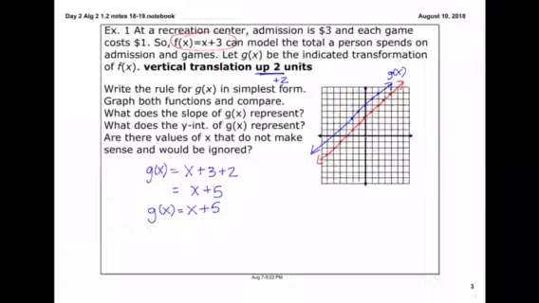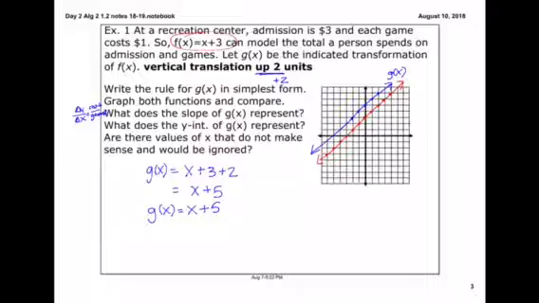What does the slope of g of x represent? Well, remember, slope is your change of y over your change of x, so we are talking about the cost for the number of games we see. What does the y-intercept of g of x represent?